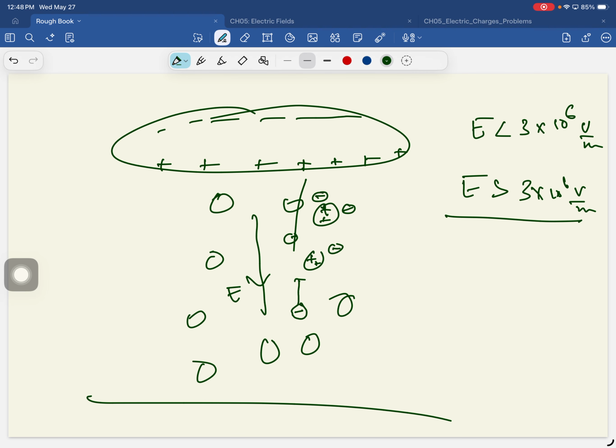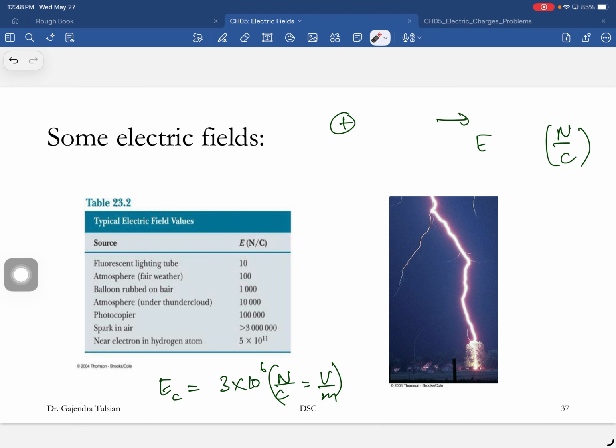You make the air conductive, like a copper wire, and there's a discharge. So anytime you see a spark in air, the electric field has increased to greater than 3 million volts per meter, and the electrons accelerate, knock off more electrons from air molecules, and make it conductive.